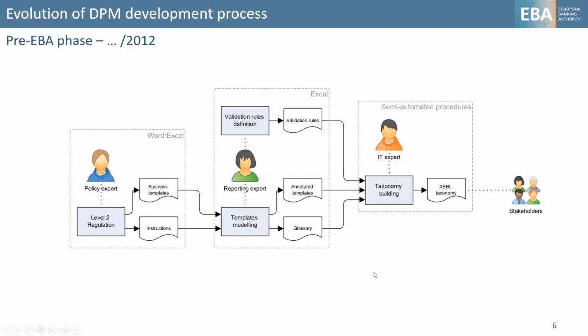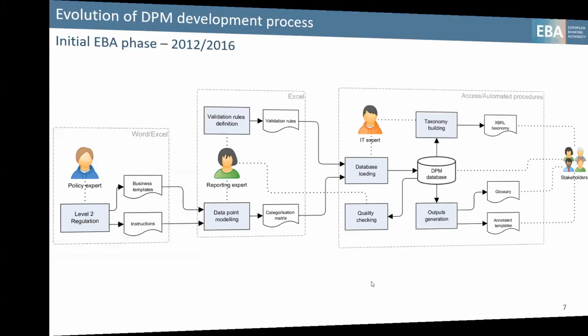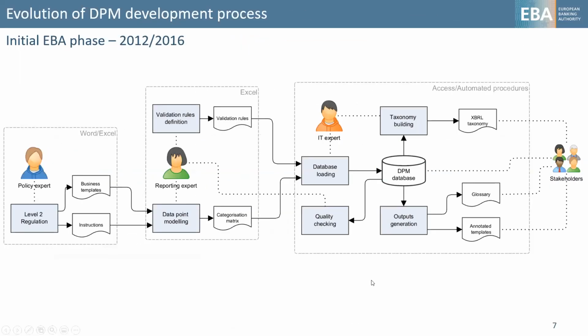We started then in this initial phase in 2012. We started developing the release 2.0, which was actually from EBA the first big release with much bigger COREP and FINREP frameworks.